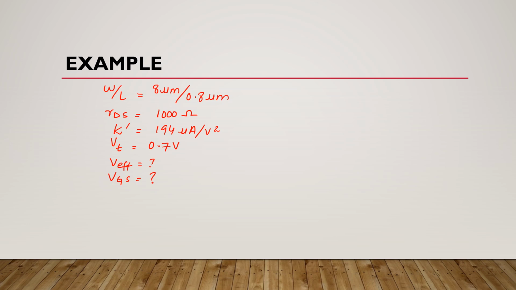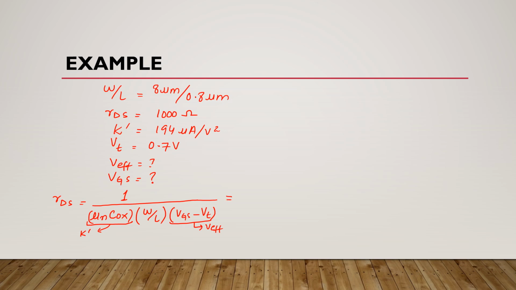We know that the formula of this resistance is 1 divided by mobility of electrons multiplied by capacitance of oxide layer, and here we have aspect ratio, and here we have gate to source voltage minus threshold voltage. We know that this term is process transconductance parameter and this is effective voltage.